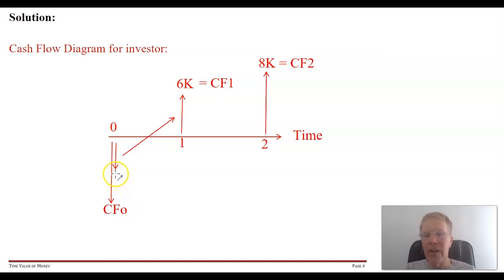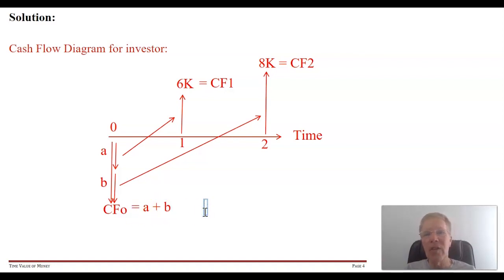And then we have another tranche that's going to grow for 2 years into this 8K piece. So we could call this tranche A and this tranche B.